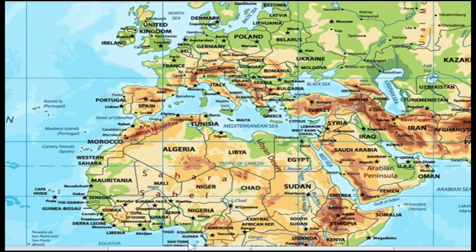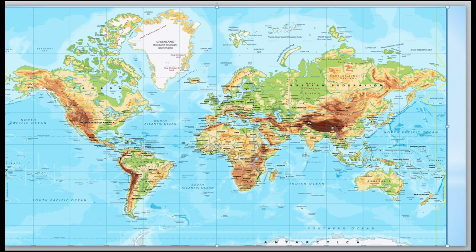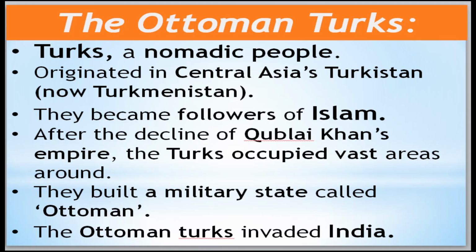Now move to the next point about them. They became followers of Islam. After the decline of Kublai Khan's empire, the Turks occupied vast areas around. They built a military state called the Ottoman.